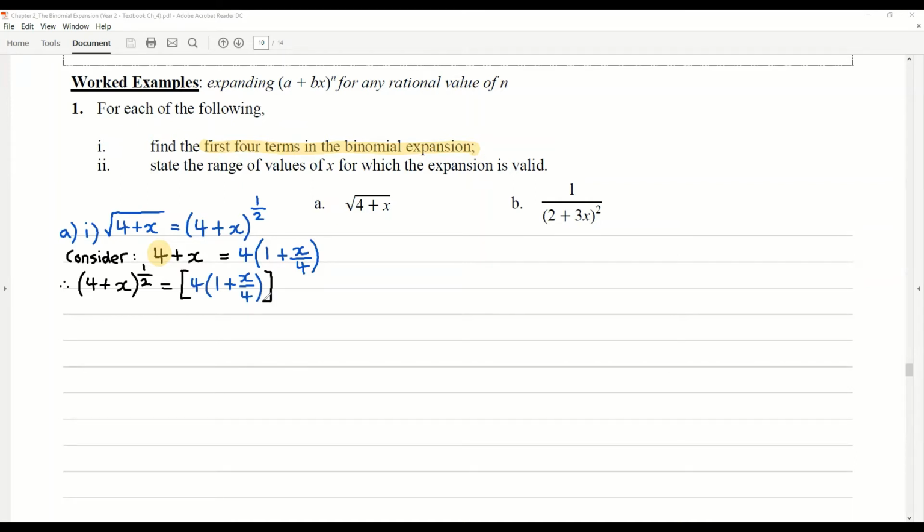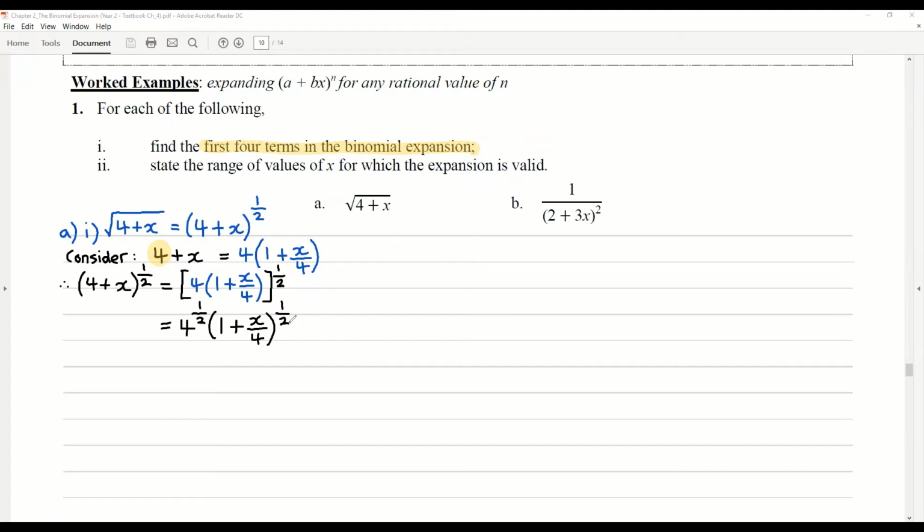And remember, this is being raised to the power 1/2. And then we use that law of indices. We have a product raised to the power 1/2. So it's the same as the individual factors raised to the power 1/2 as a product. In other words, we have 4 to the power 1/2, and we're multiplying that by 1 add x over 4 to the power 1/2.